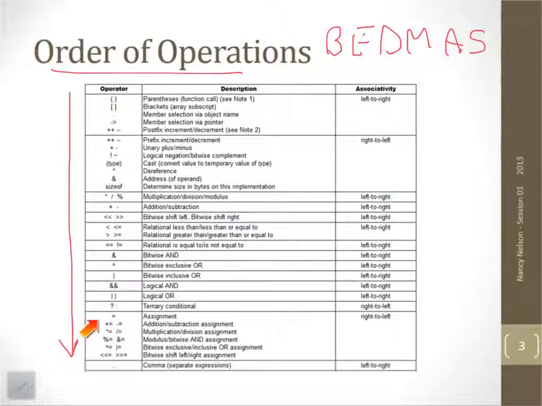Then we have our assignment operators and those compound assignment operators there, and then a comma which separates expressions. So you can see we have a lot of different operators here. The important thing to remember is this particular chart, which is available in a book or online, will always identify the order that they're going to get carried out in. So be aware of that.